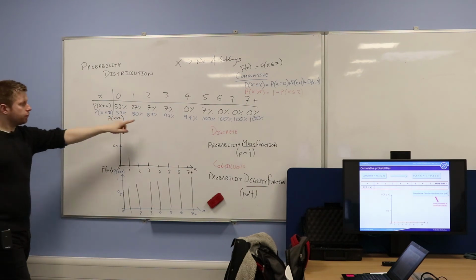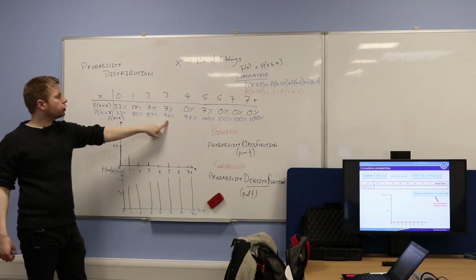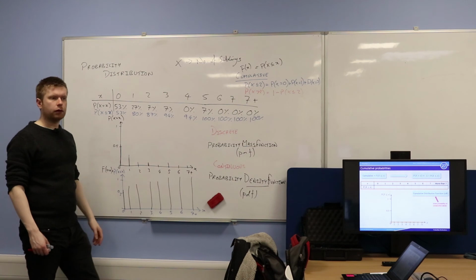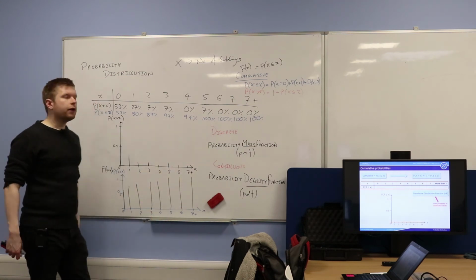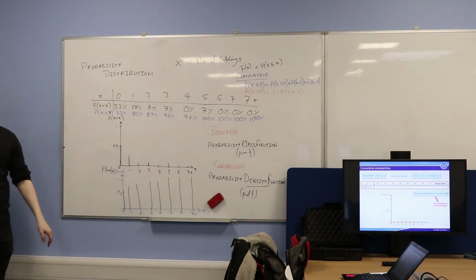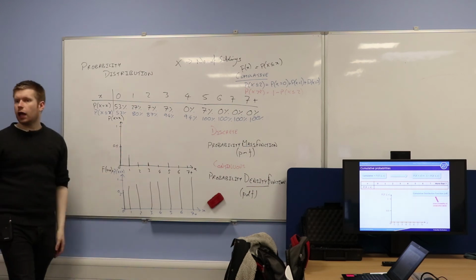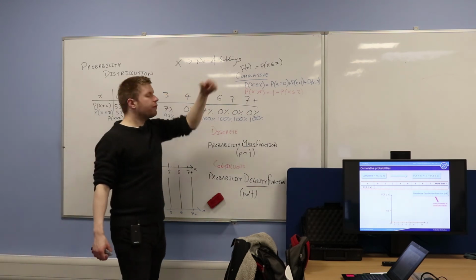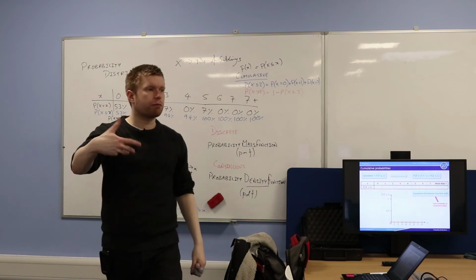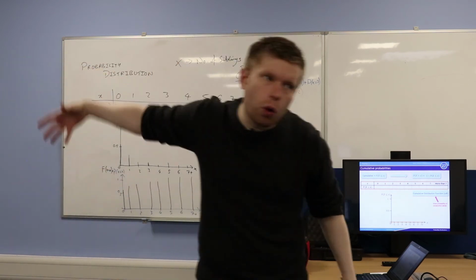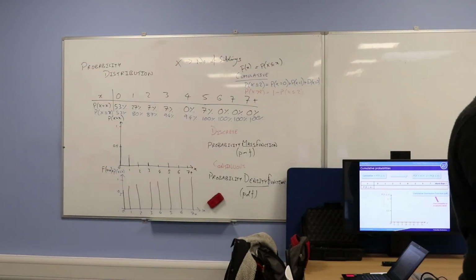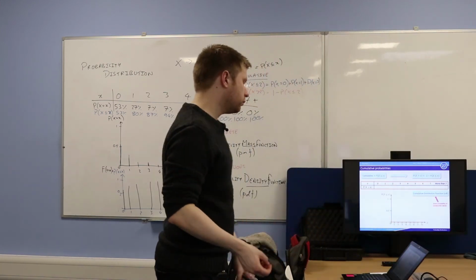Yep. 94%. If I asked you for F of 5, what would that be? 100%. If I asked you for F of 1, what would that be? 80%. You happy? So if I write F of something, it literally means the cumulative probability function. It means add together all of the probabilities up until that point. Is that okay?